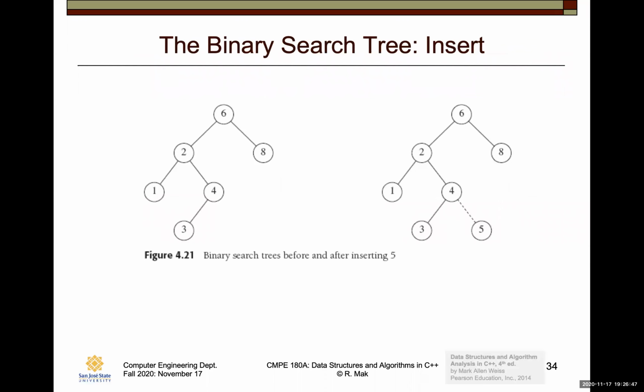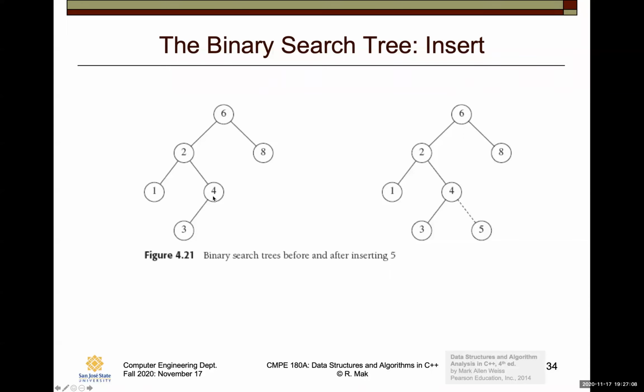Here's a binary search tree on the left, and we're going to insert the 5. So we start by looking for the 5. Of course, it's not going to be in there, but we start looking for it. Well, 5 is less than 6, so we go this way. 5 is greater than 2, so we go this way.